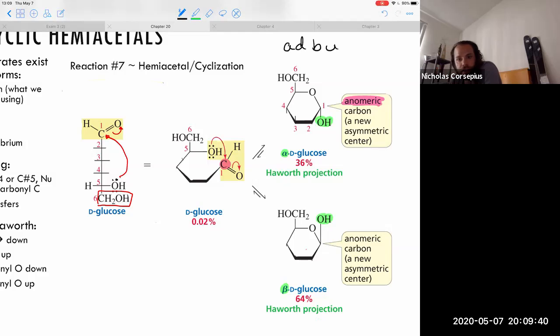We need a silly sentence there, like all dudes buy underwear or something like that, right? Some sort of thing so you can remember this fact that alpha means down and beta means up. Awesome, that one works. But that was really all about this slide that we've learned thus far.